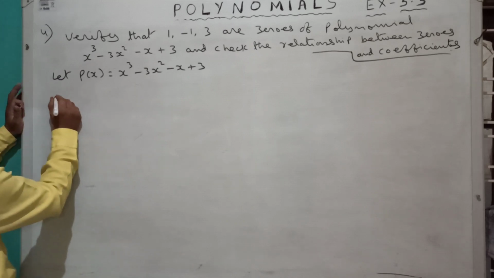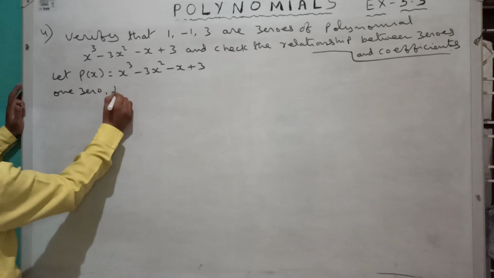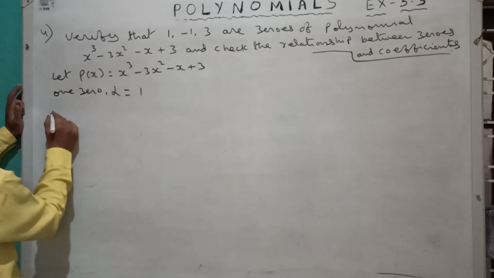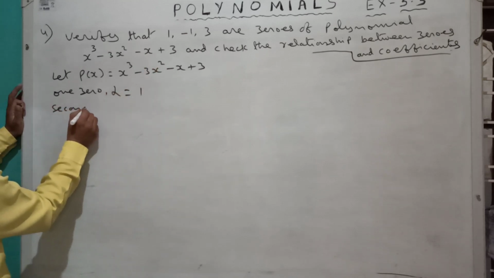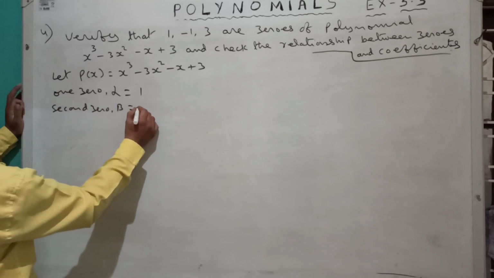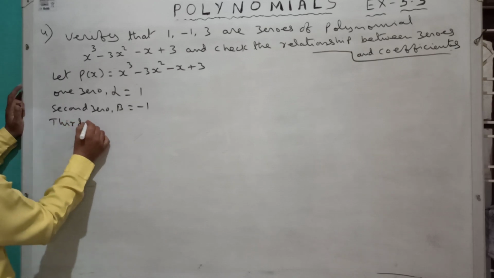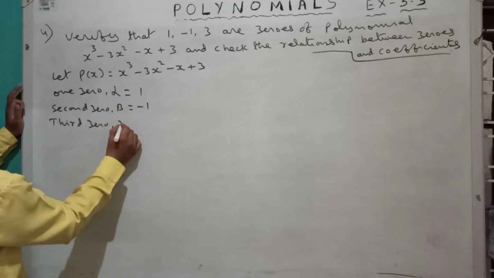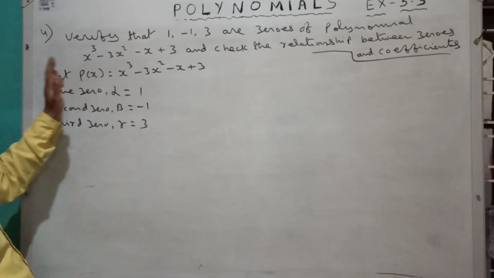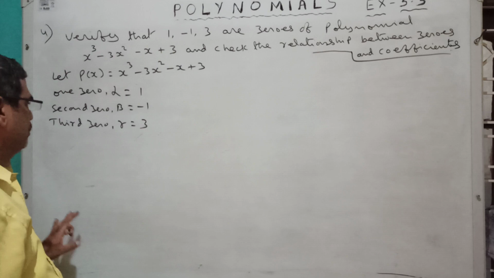So the first zero, alpha is equal to 1, the second zero, beta is equal to minus 1, the third zero, gamma is equal to 3. Here this is a cubic polynomial, so it has 3 zeros.